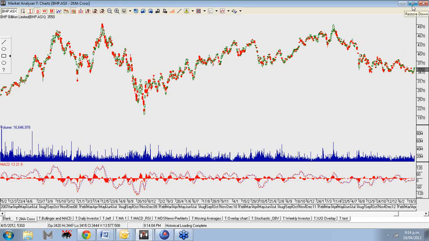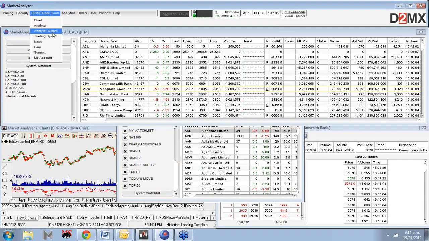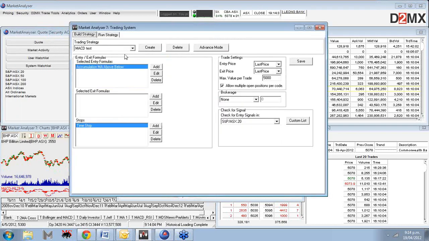Question from Wayne: it can show how to create watch lists from the backtester output. Certainly can, Wayne. So we'll just have to pop into the trading system, and we'll use the MACD test we've been playing with tonight. Save that. Why have we got that? MACD. Accumulation showing below.